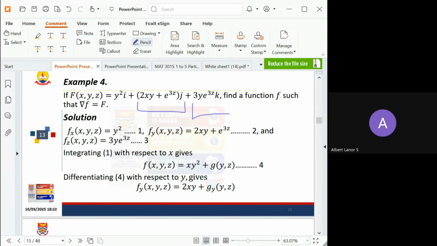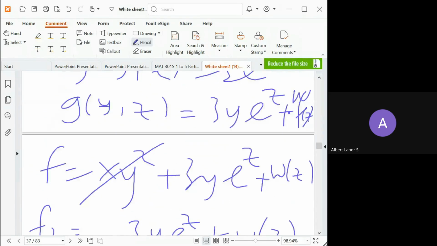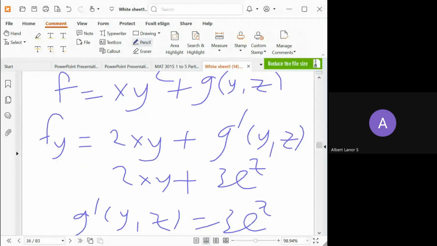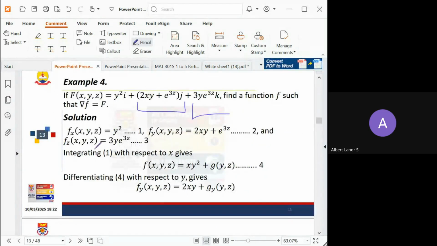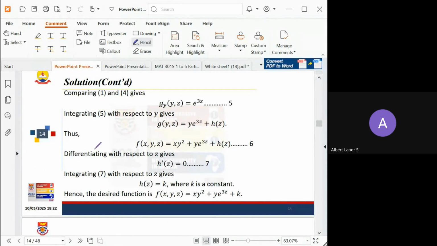Is that 3z? There is a 3z. But why did we use e^z? We didn't use the 3z. So over here we should have used 3z. Okay, but the procedure is the same. So let's continue from wherever we went off. The procedure is going to be the same.